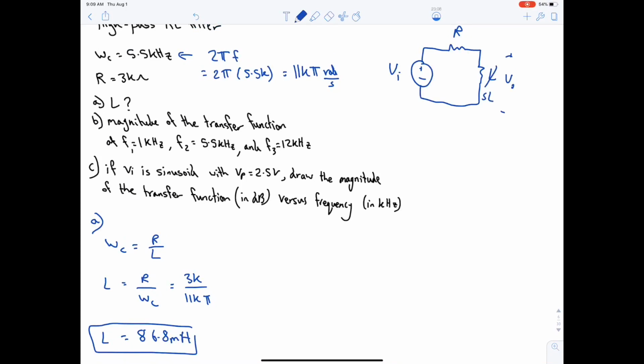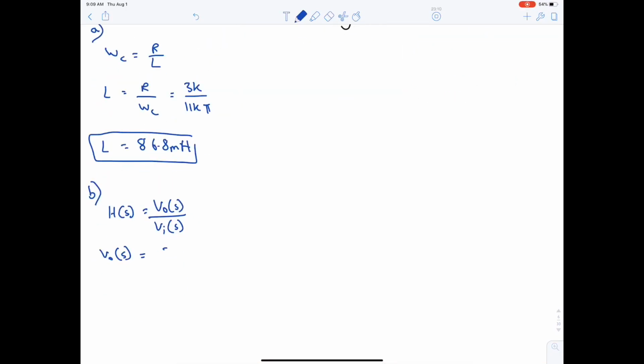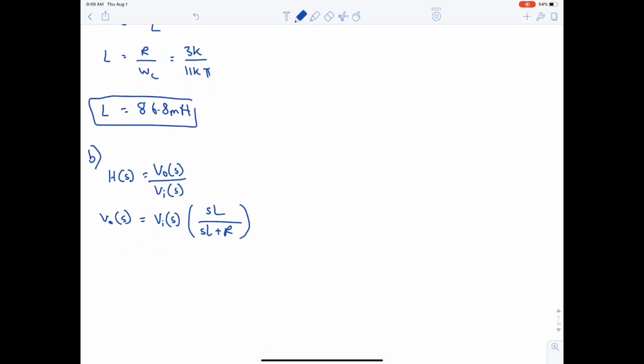L becomes SL. So it will be V input multiplied by SL over SL plus R. Hence, H of S is equal to V output over V input, which is equal to SL over SL plus R.